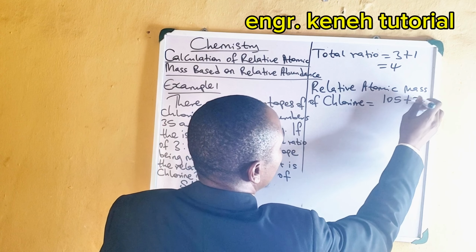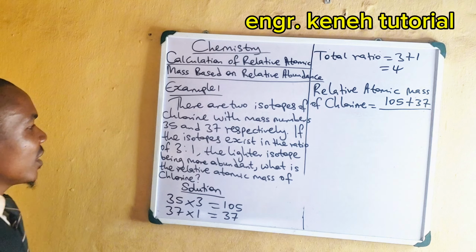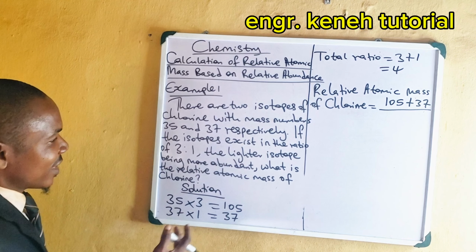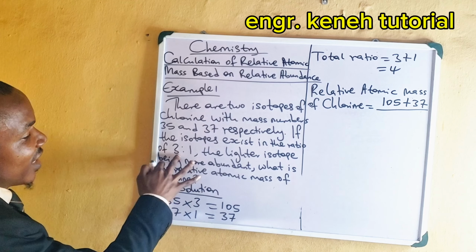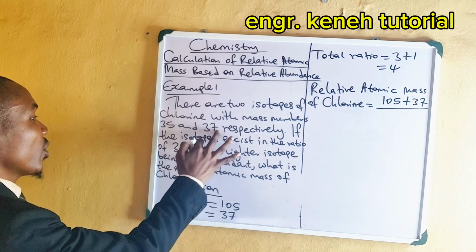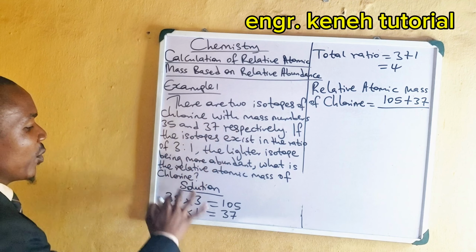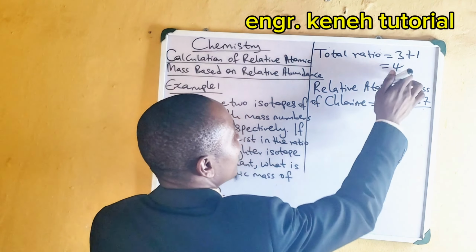Can you see that? That is the product of mass and the ratio. The ratio of this one is 3, mass is 35, I multiplied and got this one. The product of this and this, I multiplied and got this one. Then I will get the sum, then I will divide everything by the total ratio.